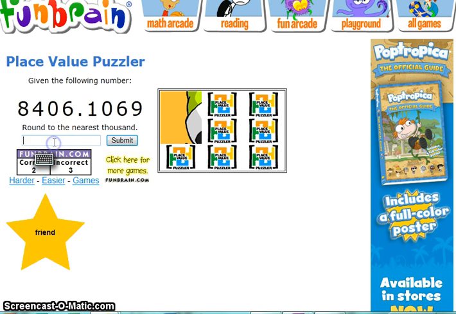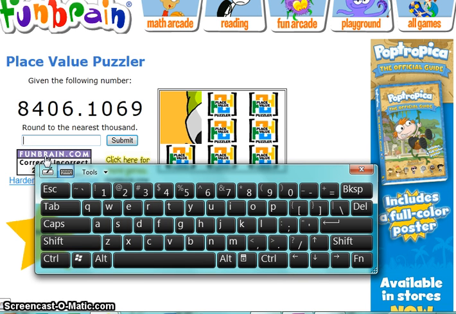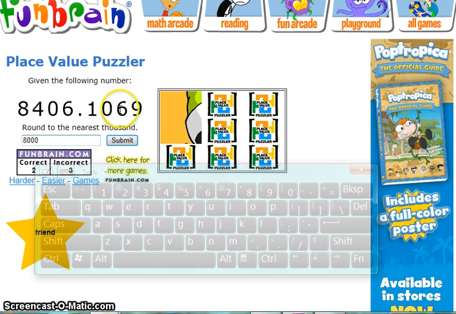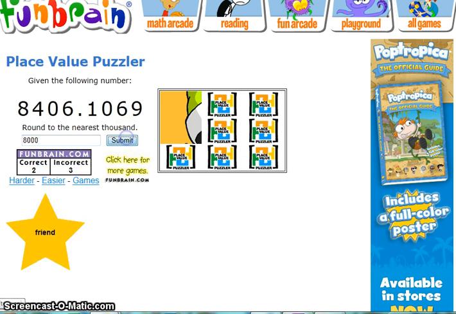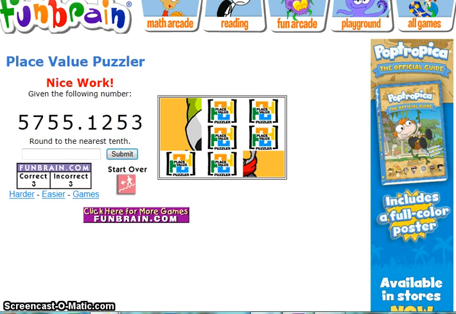And we need to look at the 4, and the 4 makes it so the 8 does not round up to 9. So we keep it 8. We make the 4 a 0. The 0 stays a 0, and the 6 is 0. Like I said before, we X out all of these numbers behind the decimal. And that's why we got it correct.